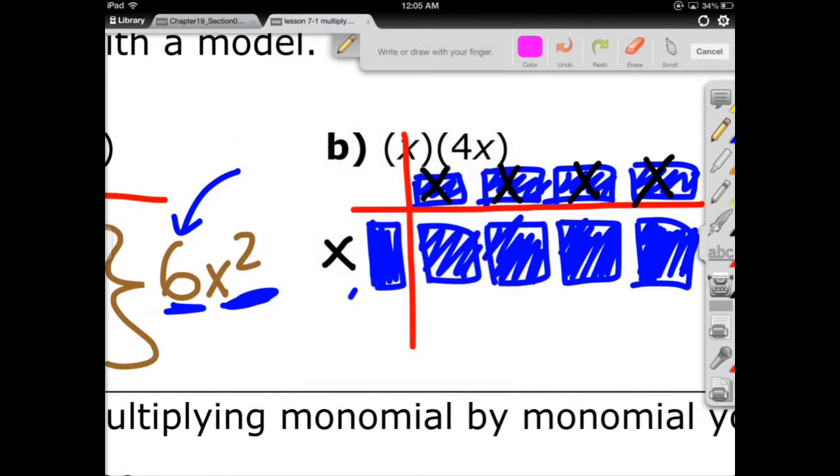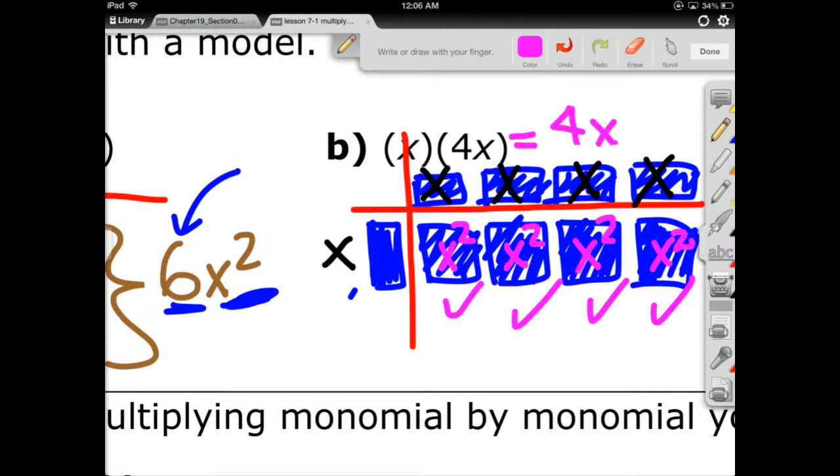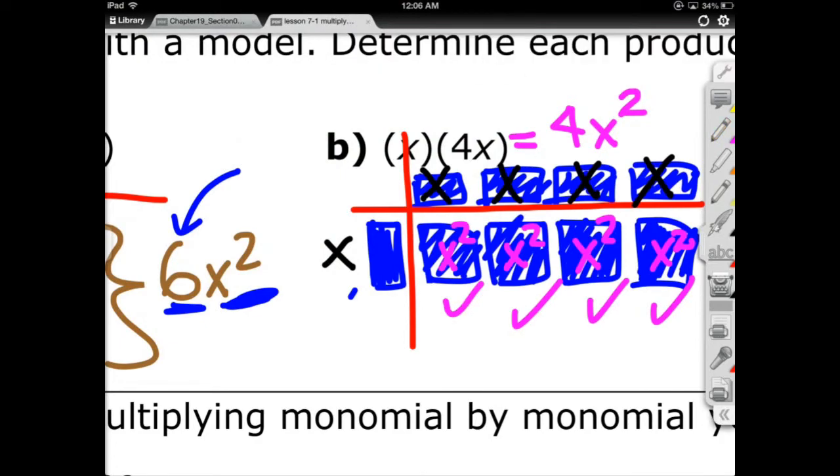You get 1, 2, 3, 4 x squareds. So your answer to this is equal to 4x squared. Not bad. Not bad.